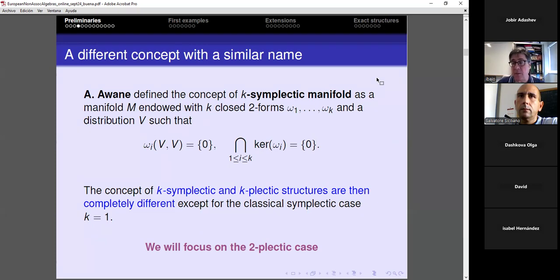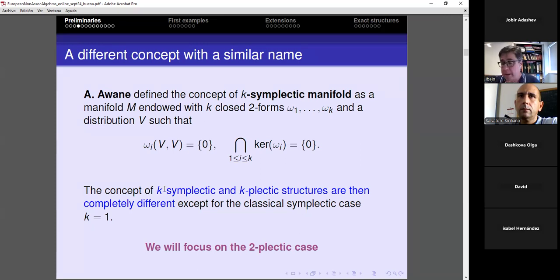In a k-symplectic manifold, one defines them as a manifold with k closed two forms, verifying certain conditions: the kernels have no intersection, and they have a common subspace which is isotropic. So both things are different. A k-symplectic structure is not a k-plectic structure, and the contrary also holds, except in the case that k equals 1, in which in both cases we have a natural symplectic manifold.